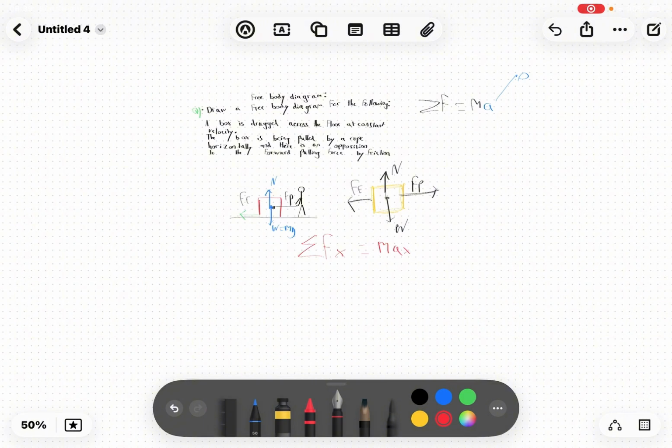We know that this one is making it move, however this one is not letting it move, cancelling it out, the friction of the floor. So if the acceleration is 0 in this situation, then these two are equal. Because if this one was a bigger value, then it would be accelerating.